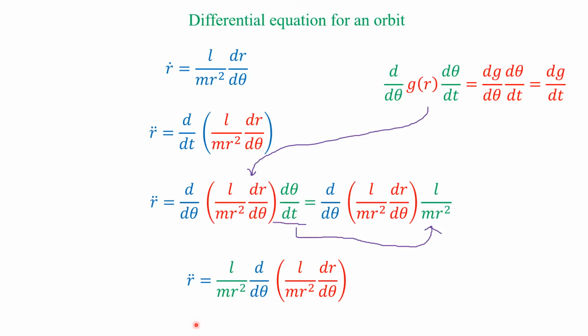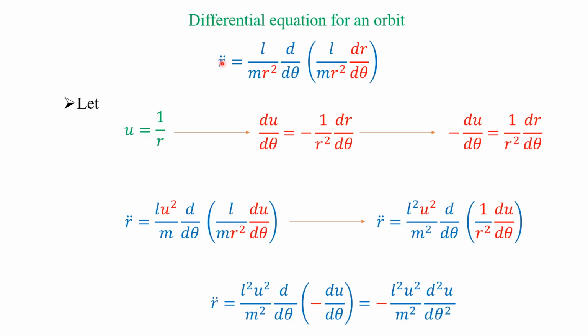Then r double dot can be written as L over m r squared, which I am bringing in front, so L over m r squared d by d theta of L over m r squared dr over d theta.